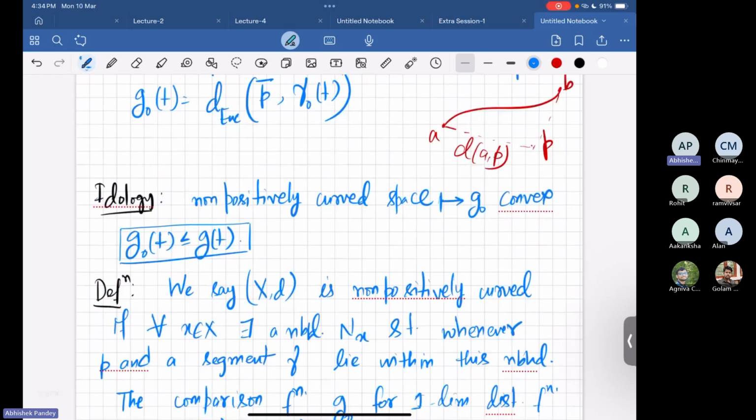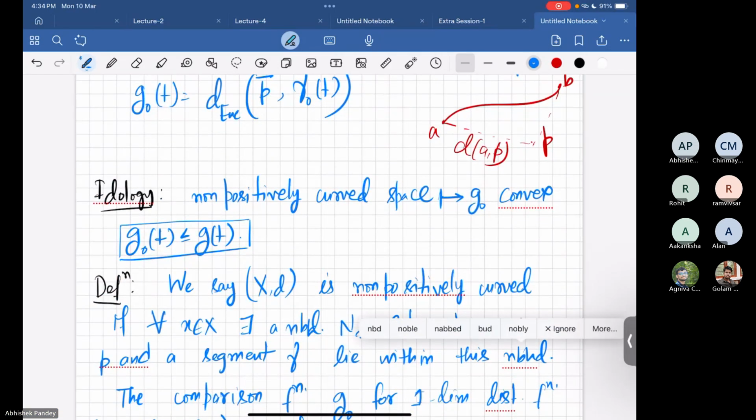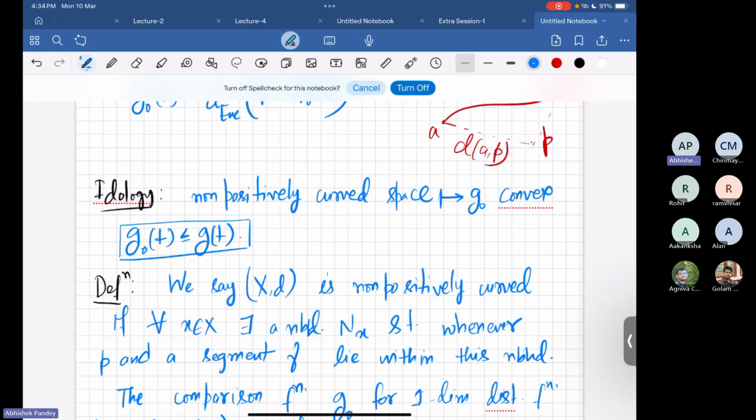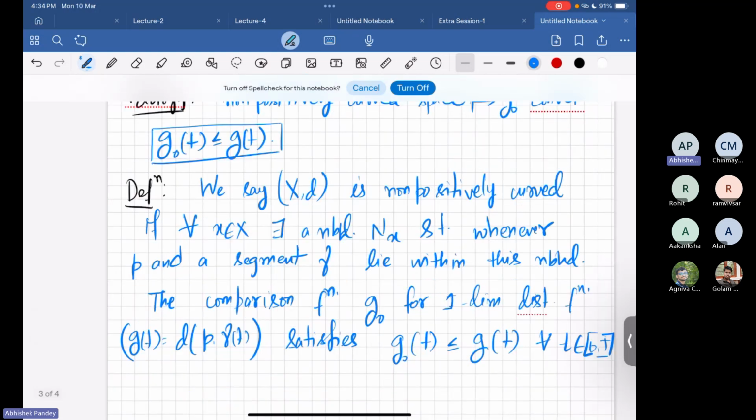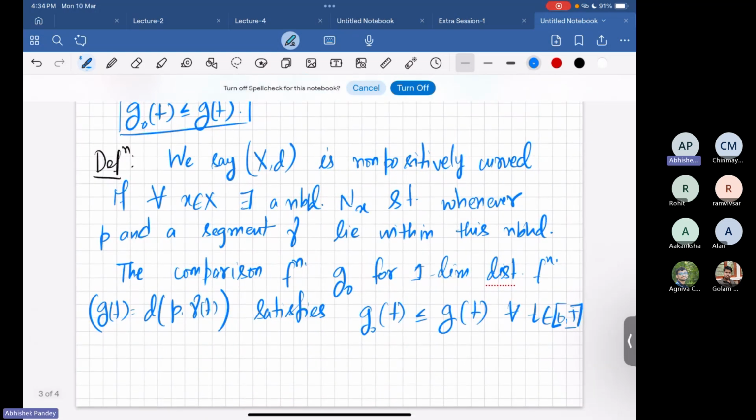Then that will come later, that we'll discuss in detail. Okay. So this is one such thing. I'm going to define this comparison of distance function in terms of triangles.